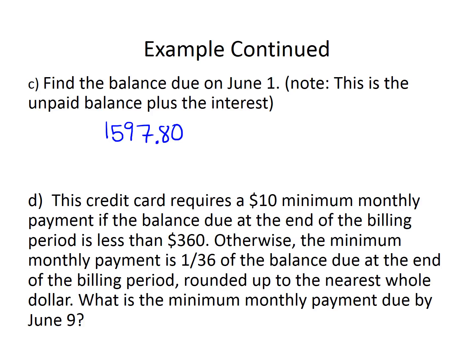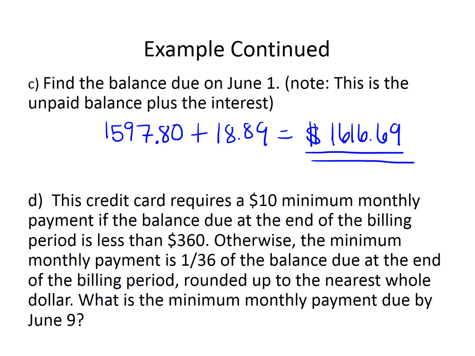That was the unpaid balance, plus we owe the interest, which was $18.89, plus 1597.8. So the next month you will start with that unpaid balance, and then hopefully at the beginning of that month you will pay most of that.